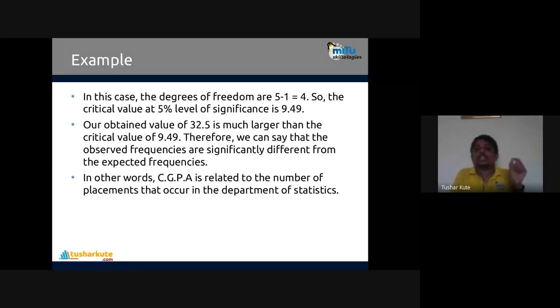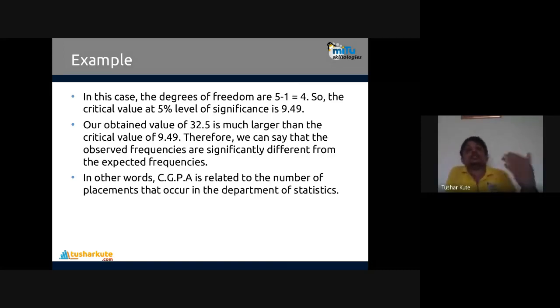In other words, CGPA is related to the number of placements that occur in the Department of Statistics. They are related. What we have seen is that there is no relation, 20, 20, 20, an equal distribution, but that is false because the obtained value and critical value have a huge difference.